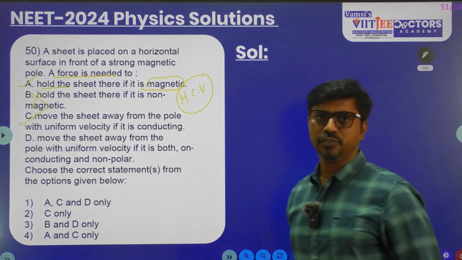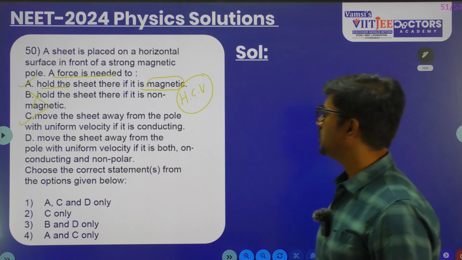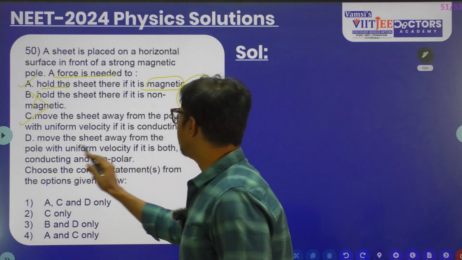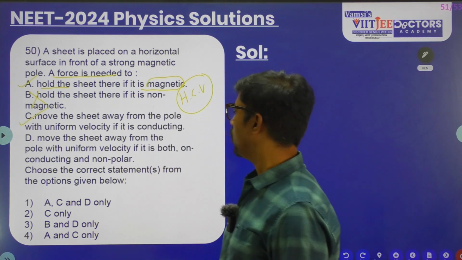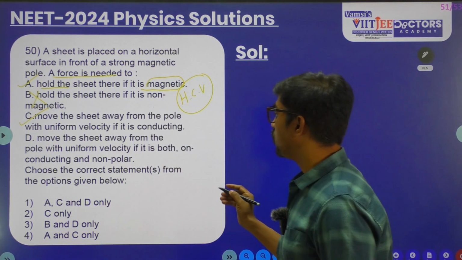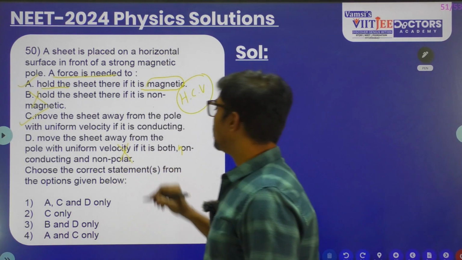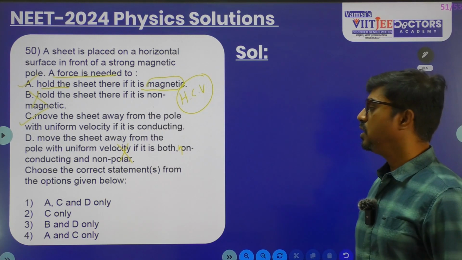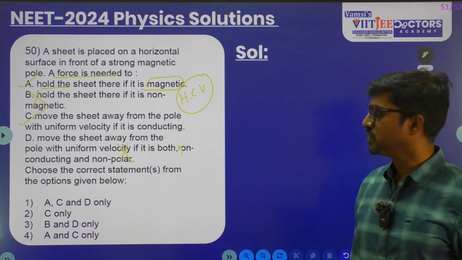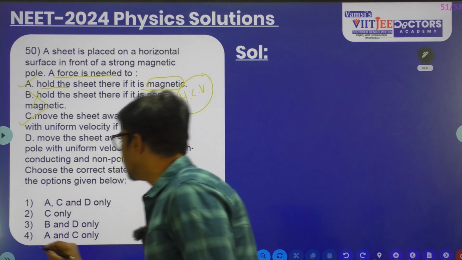According to Lenz's law, if you project it and leave it, it will slow down. In order to move with constant velocity, you need to apply force. Move the sheet away from the pole with uniform velocity if it is non-conducting and non-polar. If it is non-conducting, you don't have any Lenz effects, otherwise electromagnetic induction effect. Non-polar meaning no magnetic effects. So overall, there will be no force required. So that means A and C is the answer here.